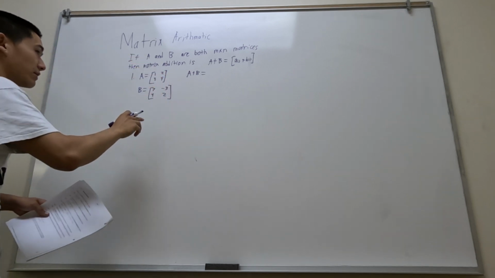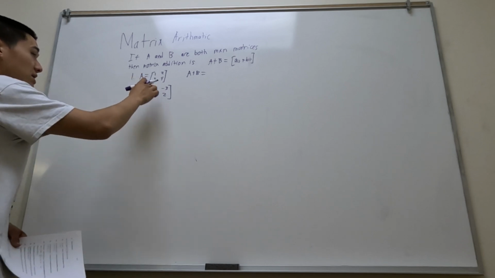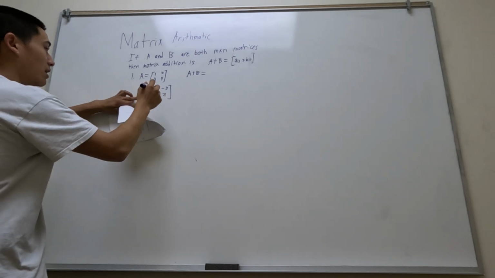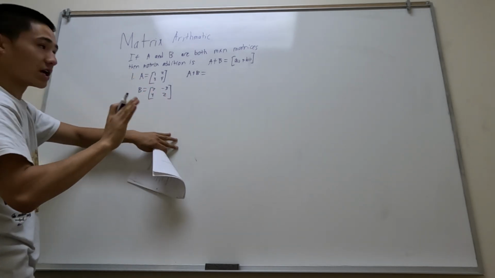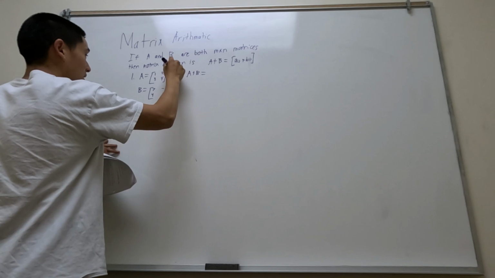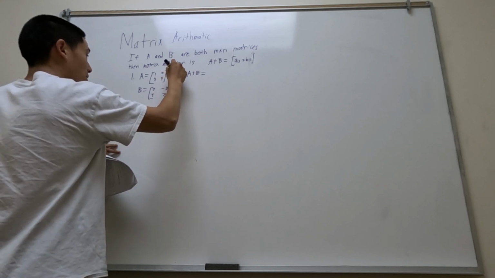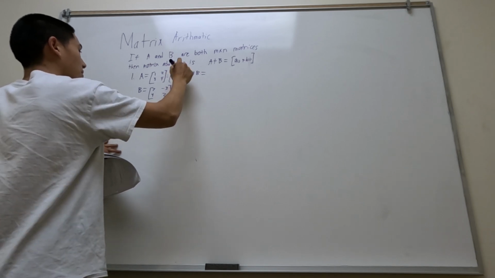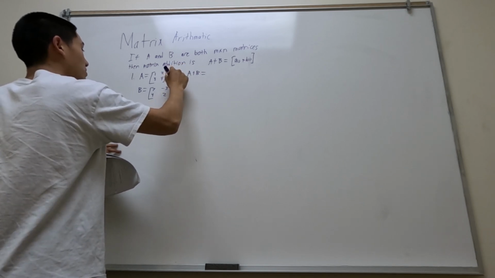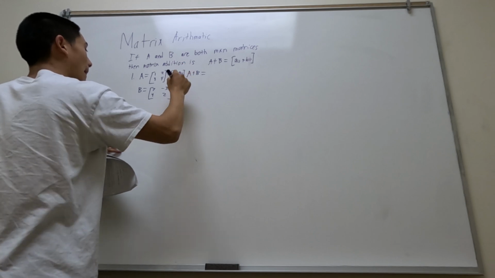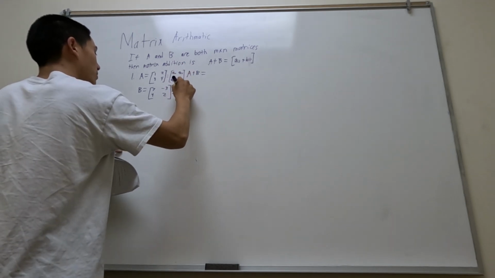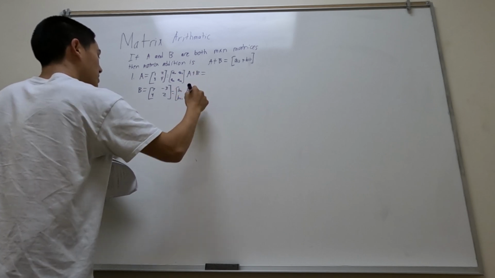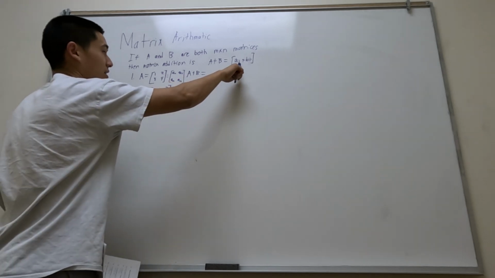So if you look at the definition, A equals A11, A12, A21, A22, and B equals B11, B12, B21, B22.